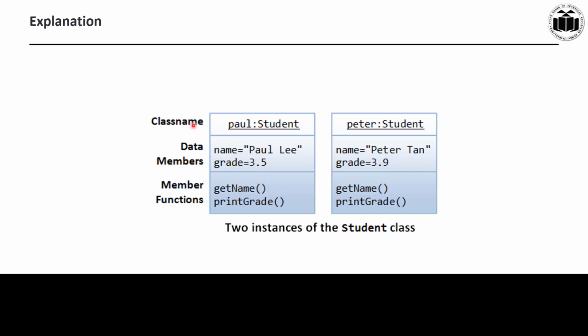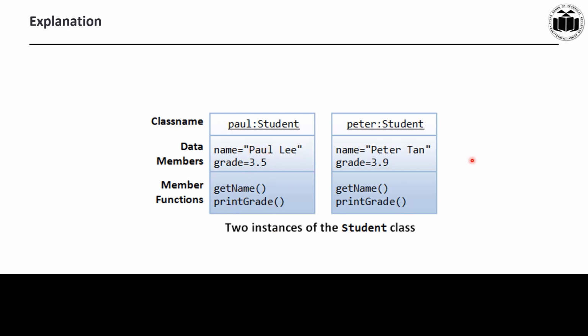This is called the data member, that is your normal variable declaration. In terms of C++, we call it a data member. And member functions are nothing but the functions that you will use to access this name and grade. With the help of get name, we will take the value of your data members from the user, and with the help of print grade, we will display the value to the user.